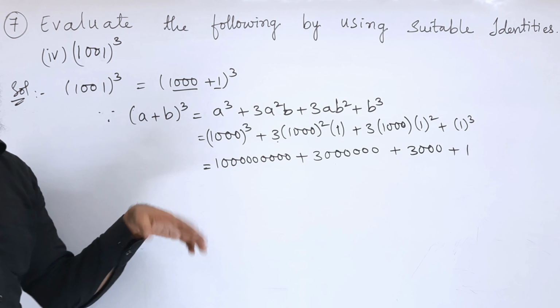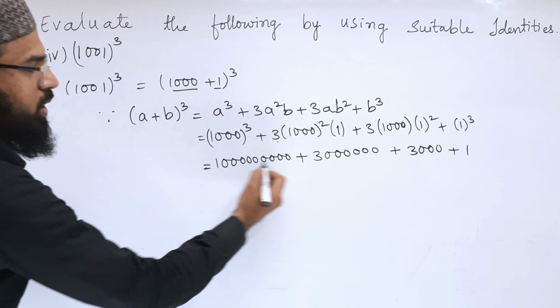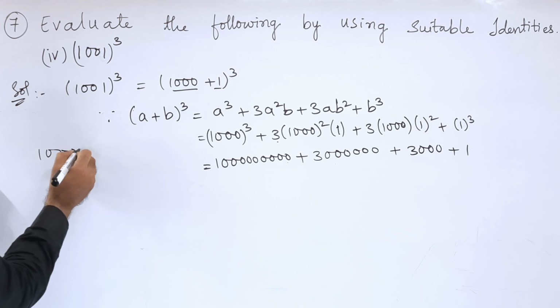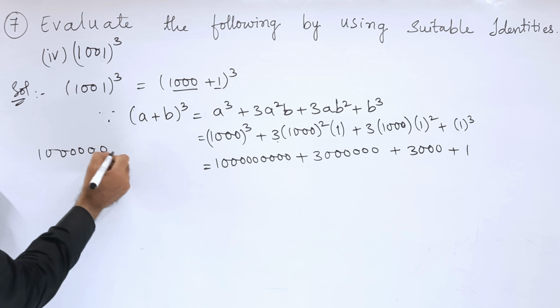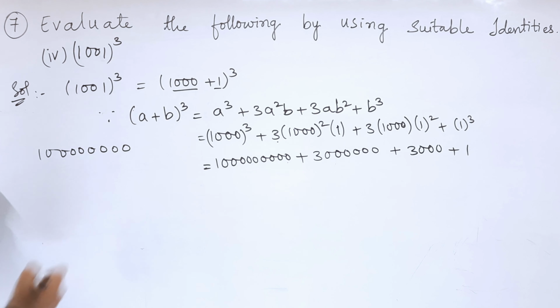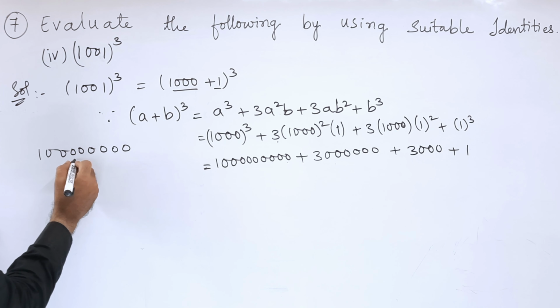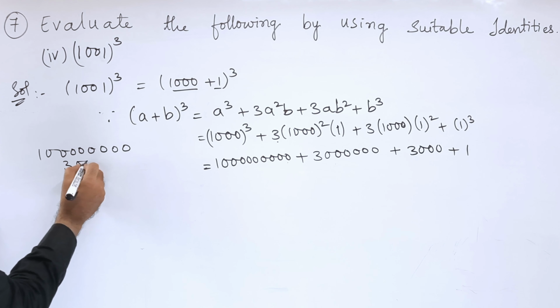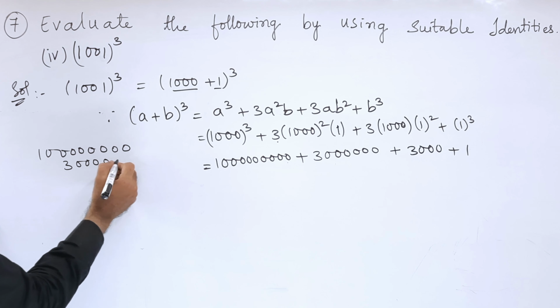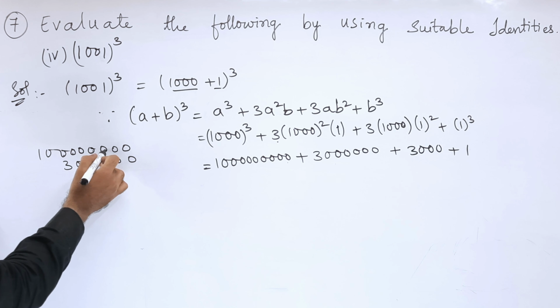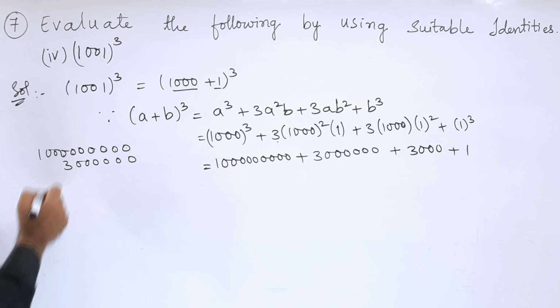Next, we have to add this all. So how many zeros are here? 9. So 1, 2, 3, 4, 5, 6, 7, 8, 9. Plus 3 6 zeros: 1, 2, 3, 4, 5, 6. Then 1, 2, 3, 4, 5, 6, 7, 8.